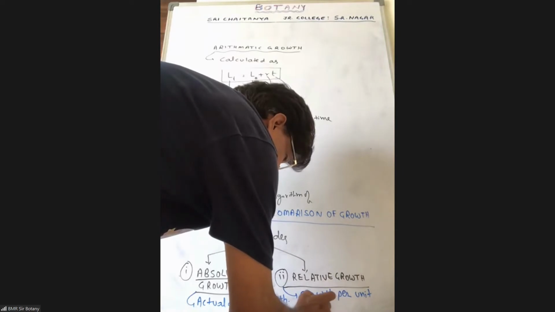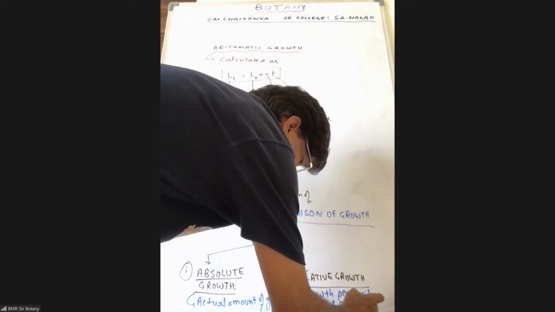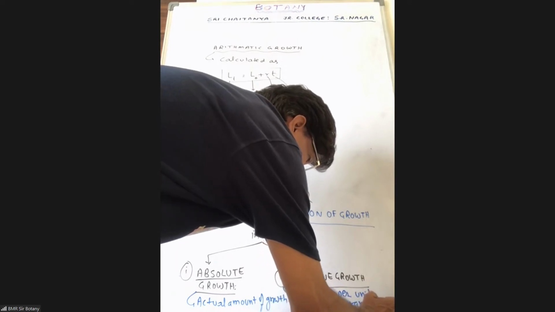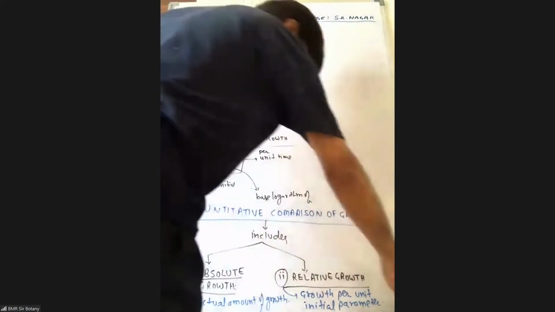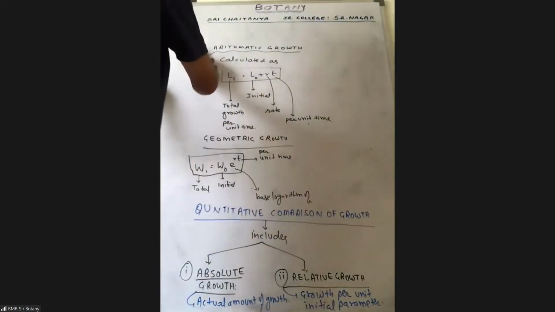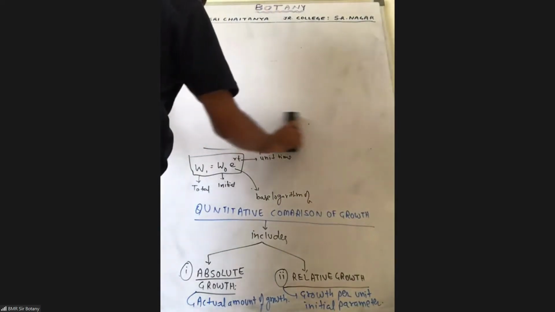So initial is taken into account in case of relative, and not taken into account in case of absolute growth.